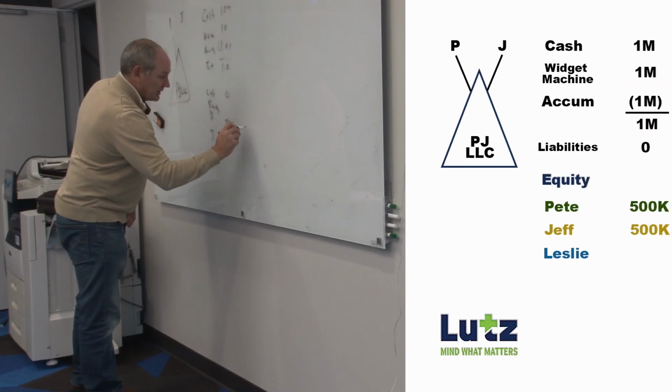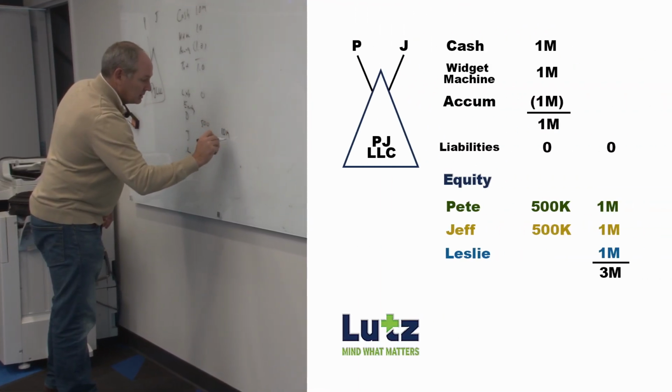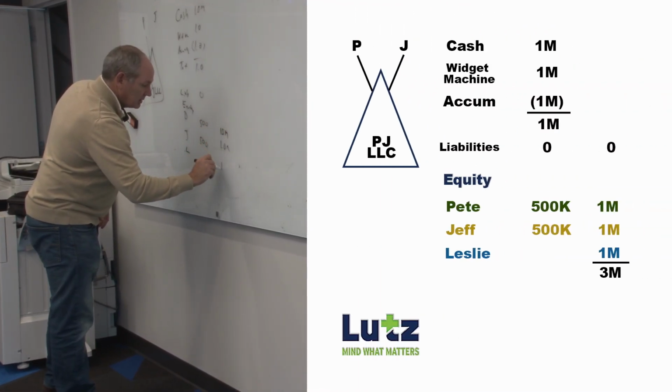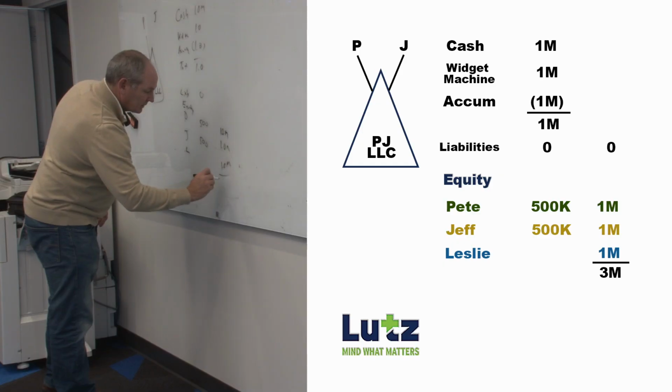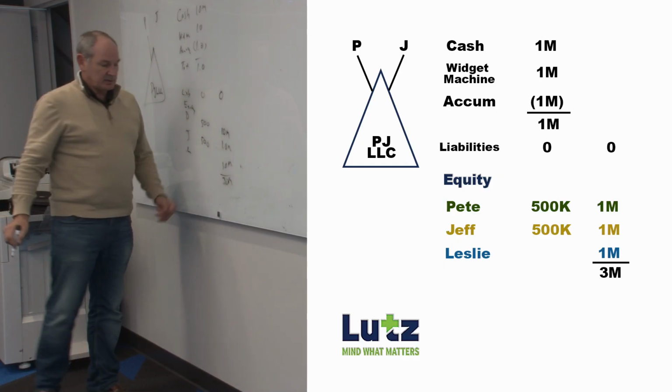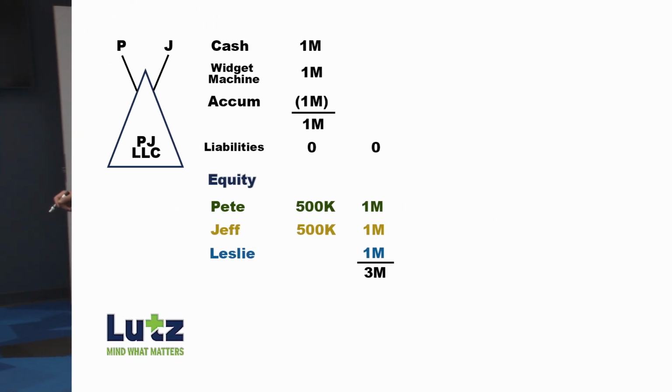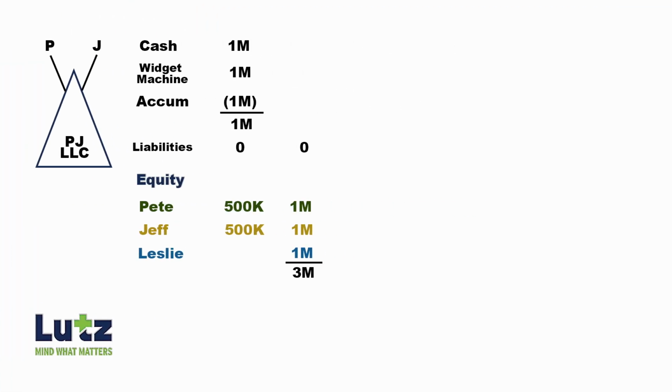So my equity section is how much? 3 million. So I have Leslie, I have 1 million, 1 million, and 1 million for a total of 3. How much liabilities do I have, Sam? 0. So my total assets, or my total liabilities plus equity is 3 million.